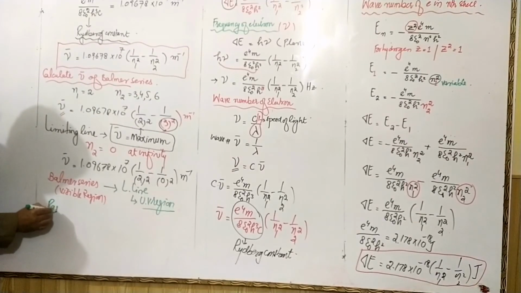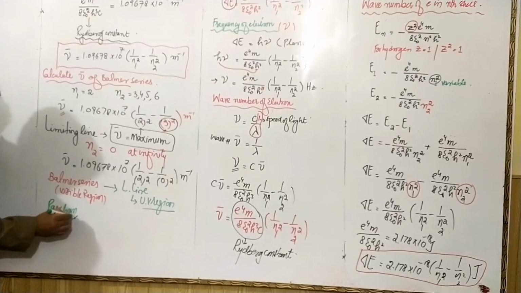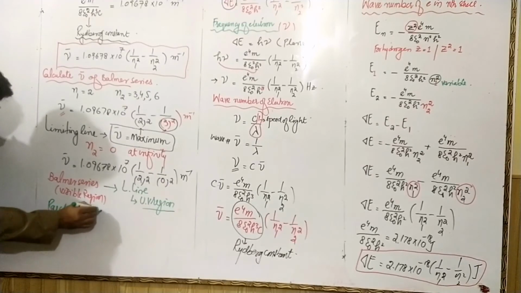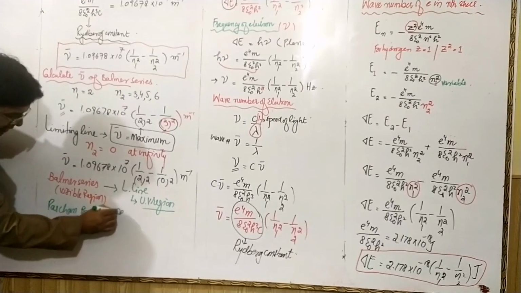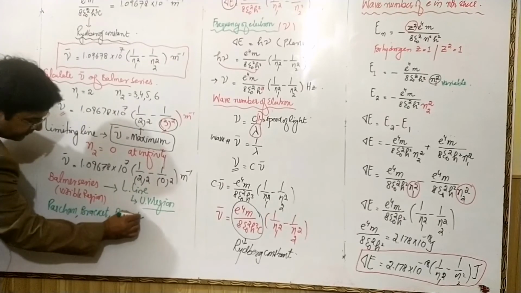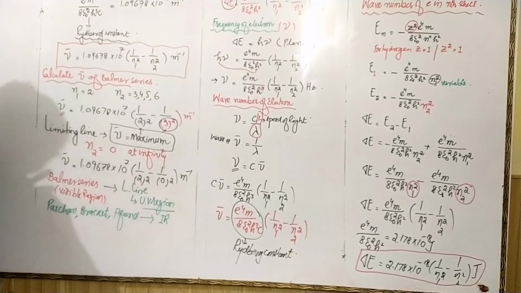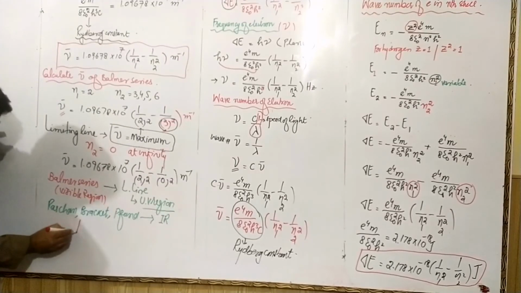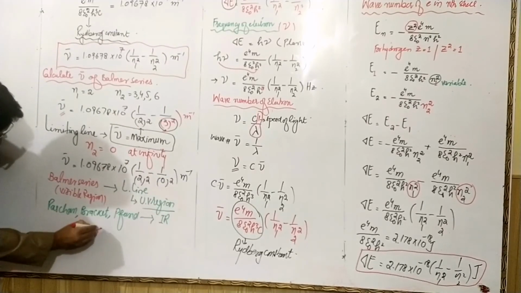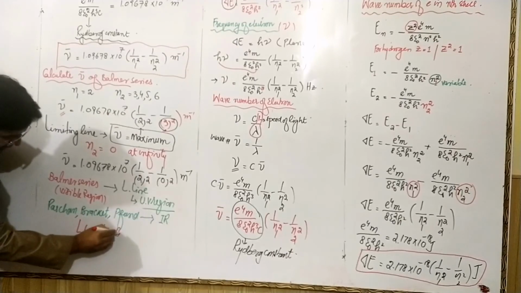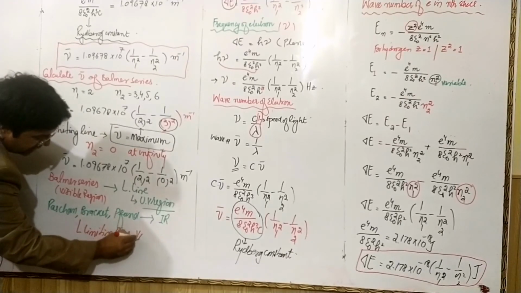Paschen, Brackett and Pfund all lie in the infrared region, but their limiting lines are in the visible region.